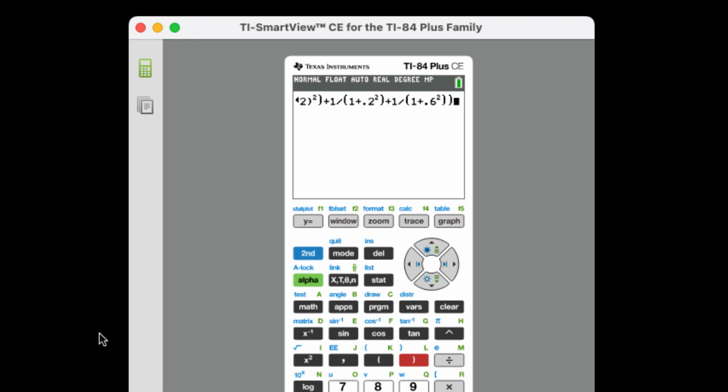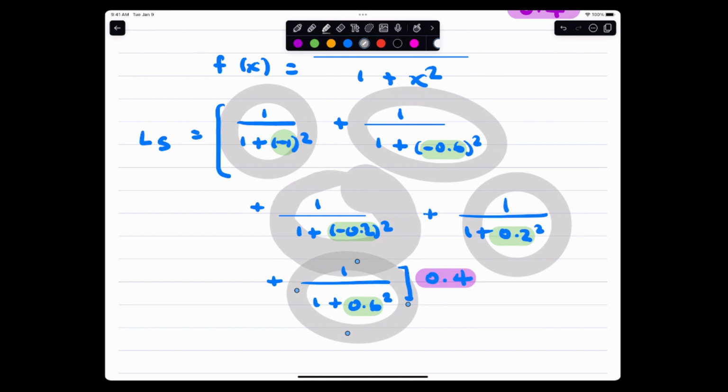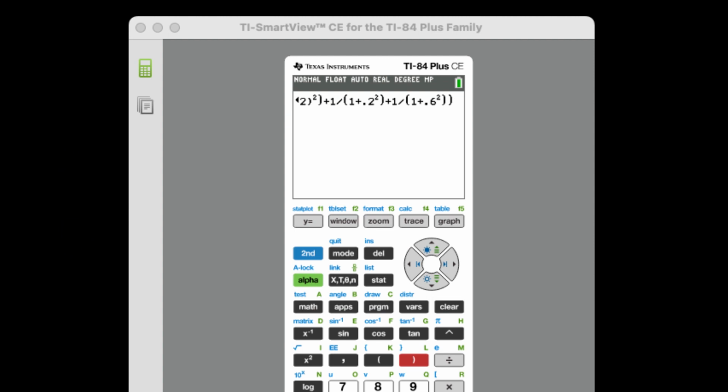So now this is everything that's in these brackets here. Don't forget to multiply by 0.4, the delta x. So times 0.4. Now, ladies and gentlemen, what do we get? Let's go to the nearest thousandths. This is L5.